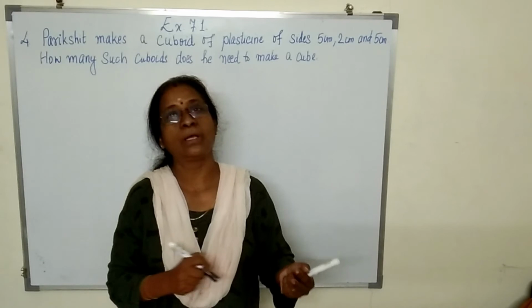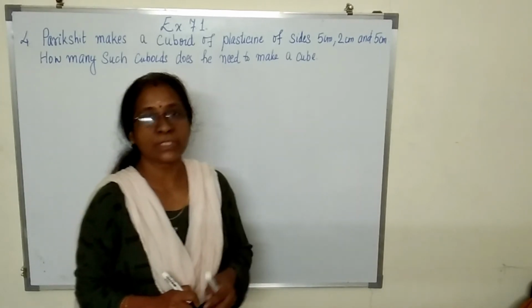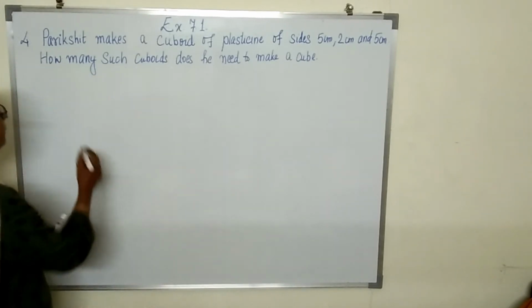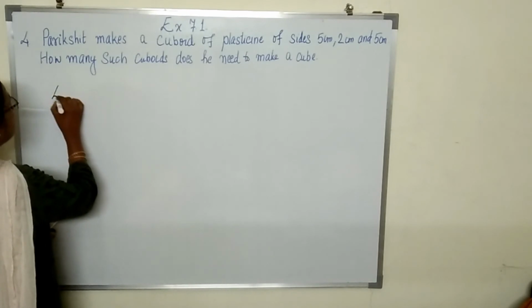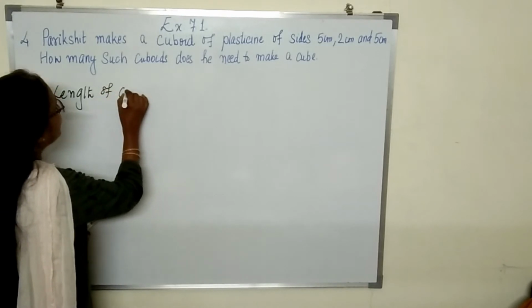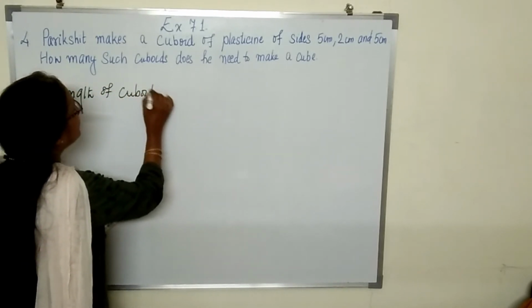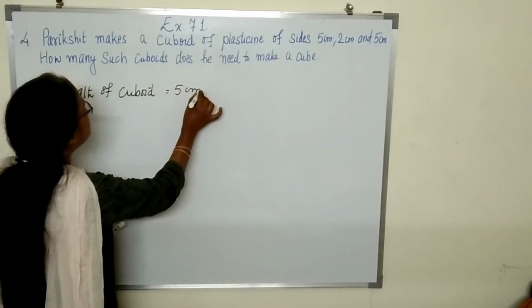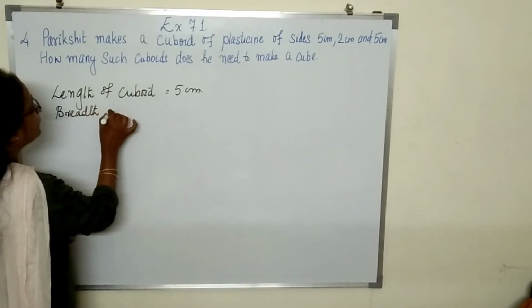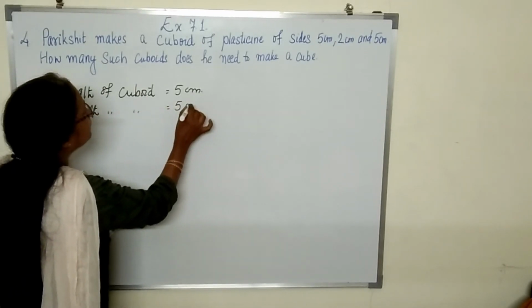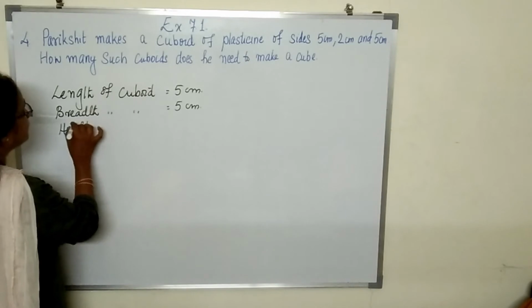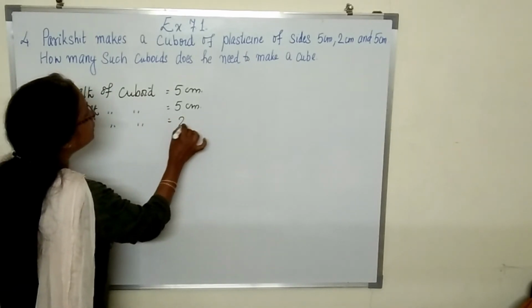So to make a cube from a cuboid, what changes do we need to make? Let us see the dimensions of the cuboid. The length of the cuboid is 5 cm, breadth is also 5 cm and the height of the cuboid is 2 cm.